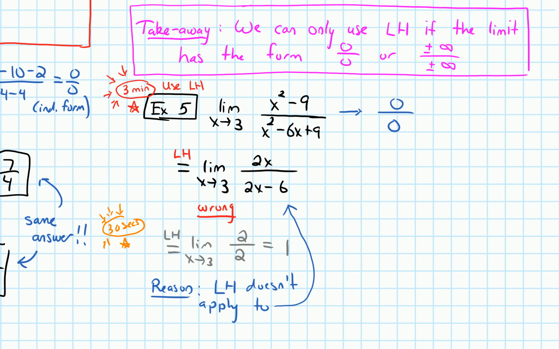I needed to plug in first to see, is that something that's L'Hopitalable or not? So if we plug 3 into this, we get 6 on the top. On the bottom, we get 0. But 6 over 0 is not something I can use L'Hopital's on. It's not one of our two forms, 0 over 0, or plus or minus infinity divided by plus or minus infinity, that L'Hopital's can be applied for.